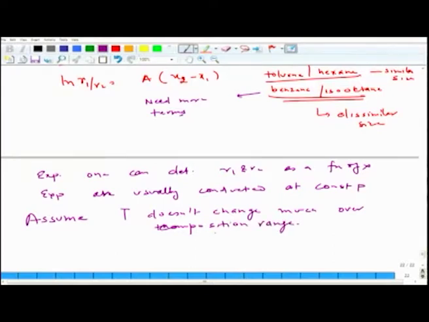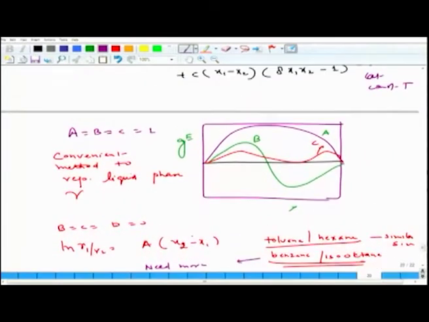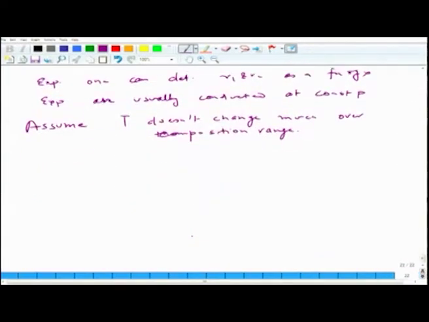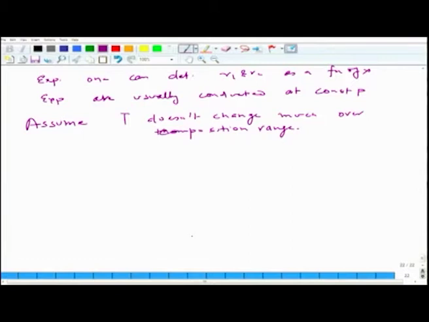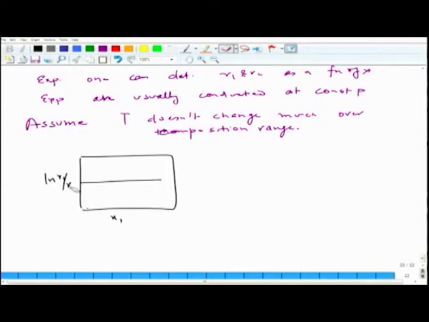Now, let me just give you a flavor of this, again ABC, for different kinds of systems, and how it looks if you plot this ln gamma 1 by gamma 2. Again this is x1, gamma 1 gamma 2. This is the case of hexane, toluene.